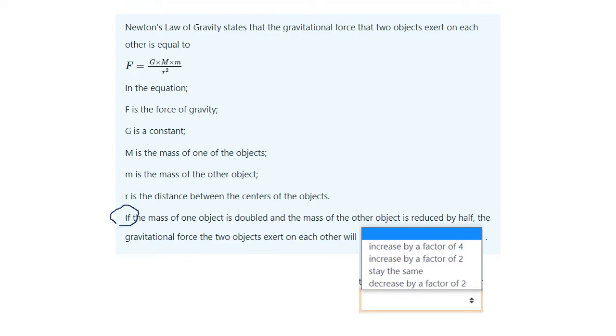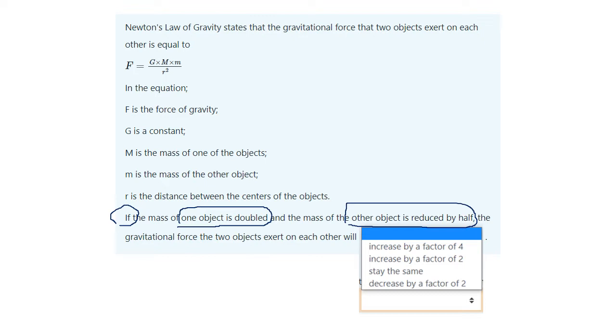Imagine the mass of one object is doubled and the mass of the other object is reduced by half. The gravitational force will do what?